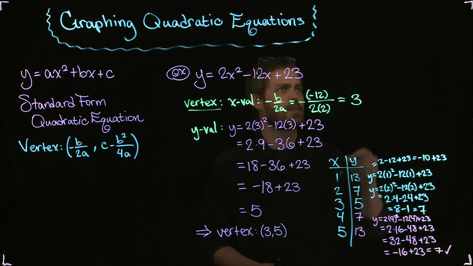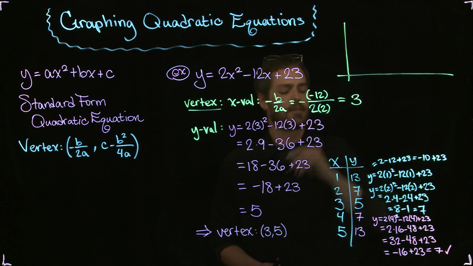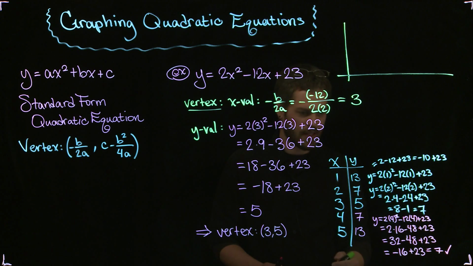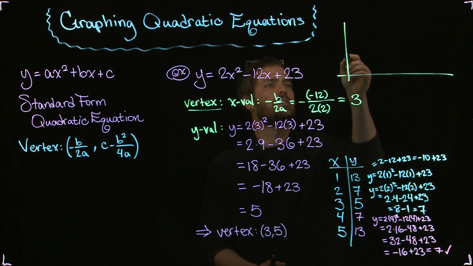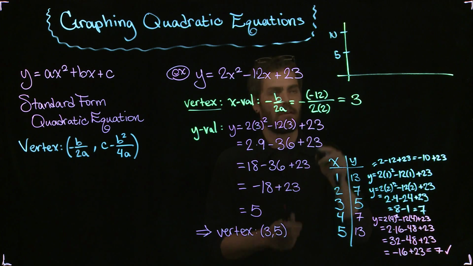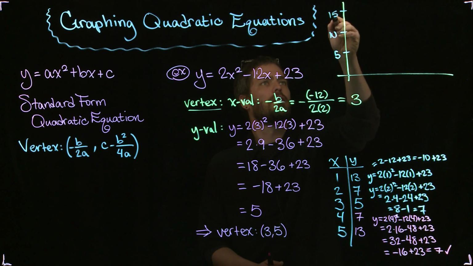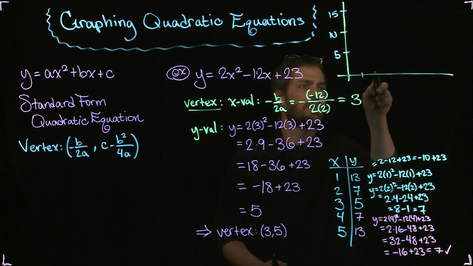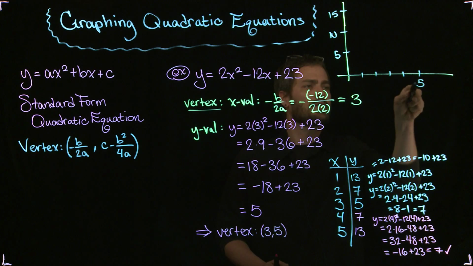Okay, so if I plot these points, it looks like everything we're looking at is in the first quadrant. 1 through 5 in the x. We have to at least get to 13 in the y. So maybe I'll go by 5s on the y-axis: 5, 10, top of the page, 15, and 1, 2, 3, 4, 5 for the x.